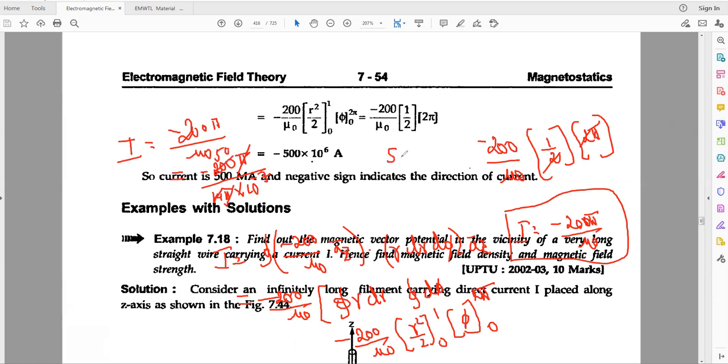So 50 by 10 power minus 7 gives 10 power 7 in the numerator, so we can take 500 into 10 power 6 amperes. The current I is equal to minus 500 into 10 power 6 amperes. Got it, my dear students?